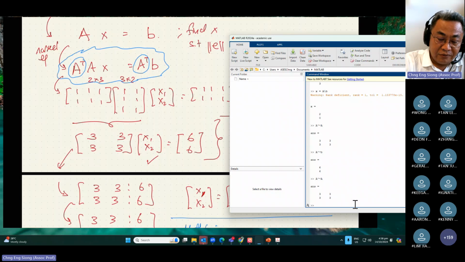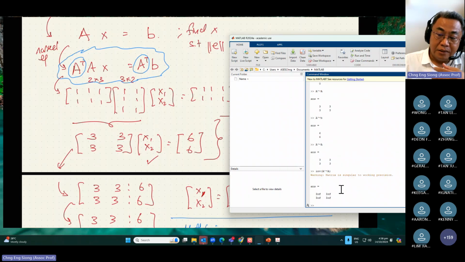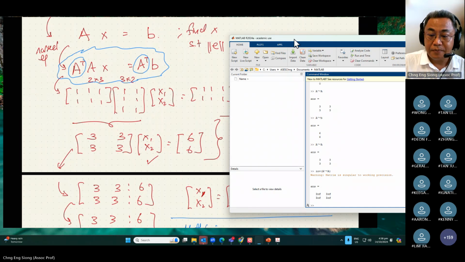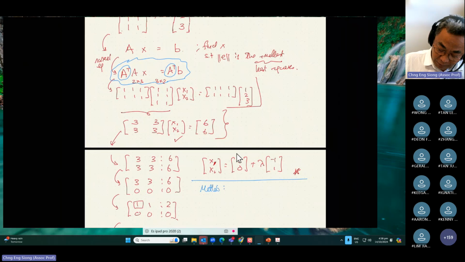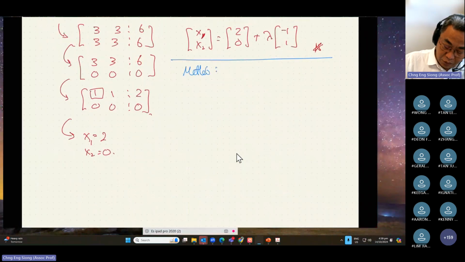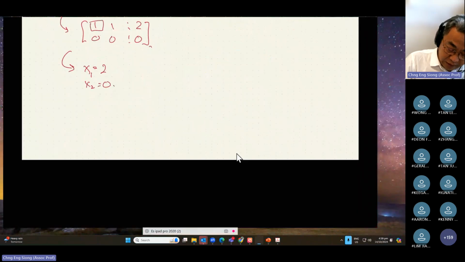If I do the inverse of this matrix, you'll see that it will warn me, infinite. So we are using MATLAB simply as a calculator to check our workings. If you're happy with this, then I'm going to proceed to the next example.